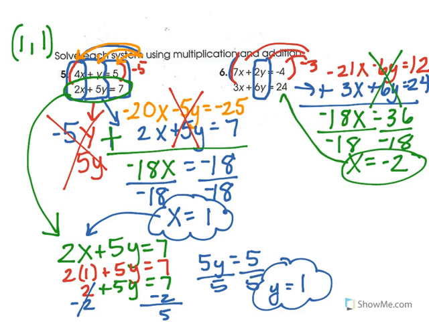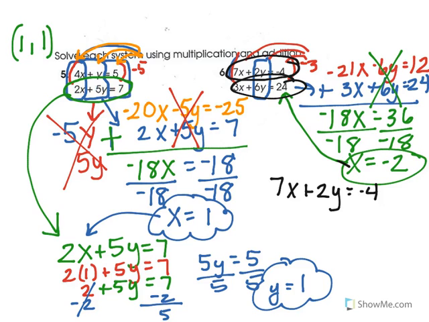Now I'm going to use one of my original equations because I can't use any of the equations that I've already multiplied by. I have to use one of the original typed out equations. And I'm going to pick the first one because for number 5 I used the second one. Just to show you that it doesn't matter which equation out of the two that you use.